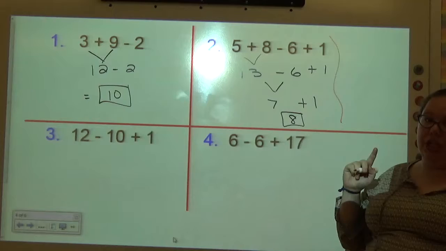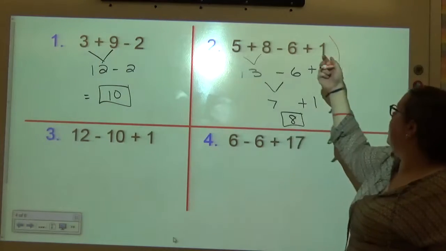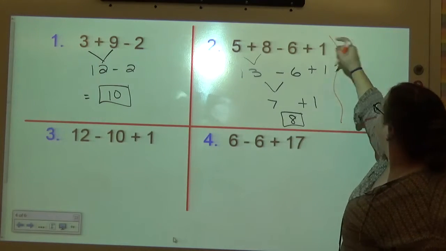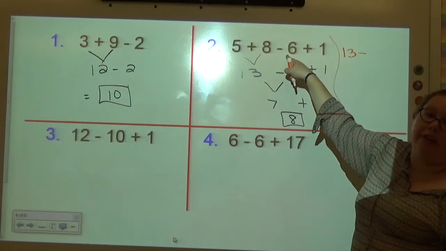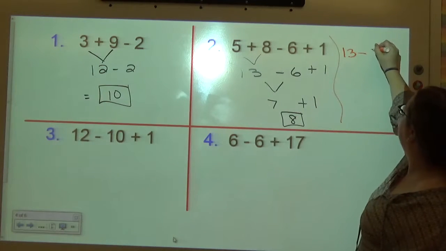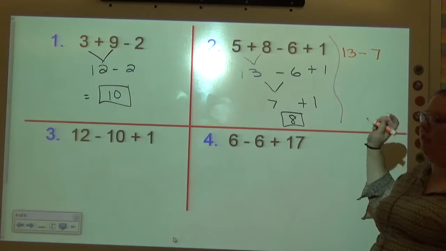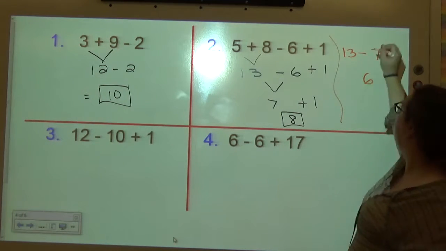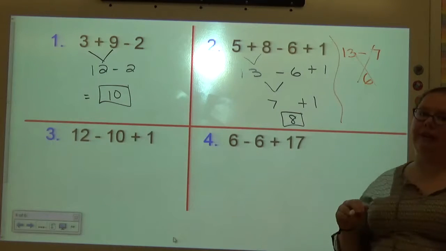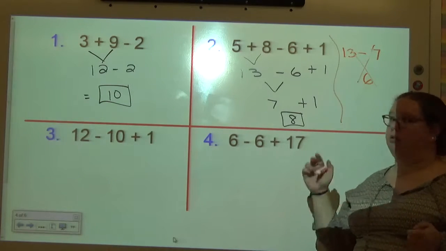So if I did the addition first, I would have gotten 13 minus, and then if I add these together, I get 7. What's 13 minus 7? 6. So notice we get a different answer, and that's why it's important to go left to right. You will get the wrong answer.